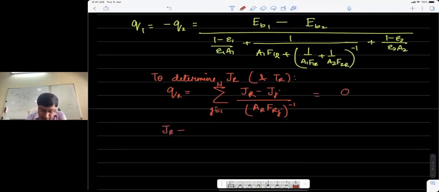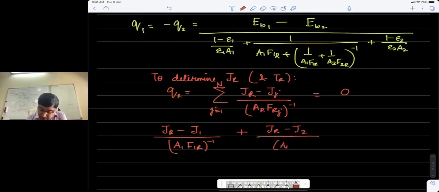So that means (JR minus J1) by AR, or I think one of the things that I have written in my notes as AIFIJ anyway. So I can use a reciprocity relationship to say this will be A1 F1R inverse, plus (JR minus J2) by A2 F2R inverse, will be 0.